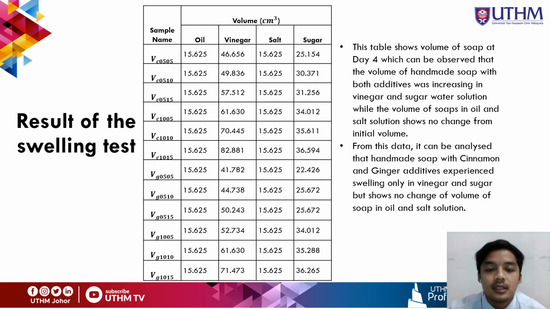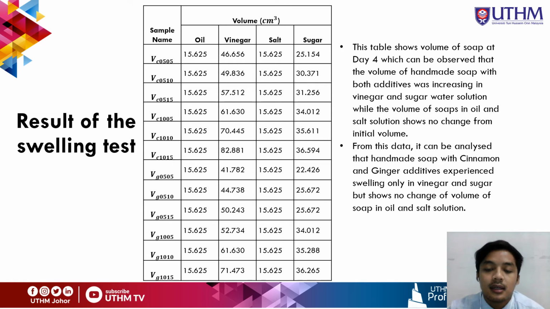Okay, so for the result of the swelling test, this table shows the volume of the soap at day 4, where it can be observed that the volume of handmade soap with both additives increased only in vinegar and sugar, but the volume of soap had no change from the initial volume in the other solutions.